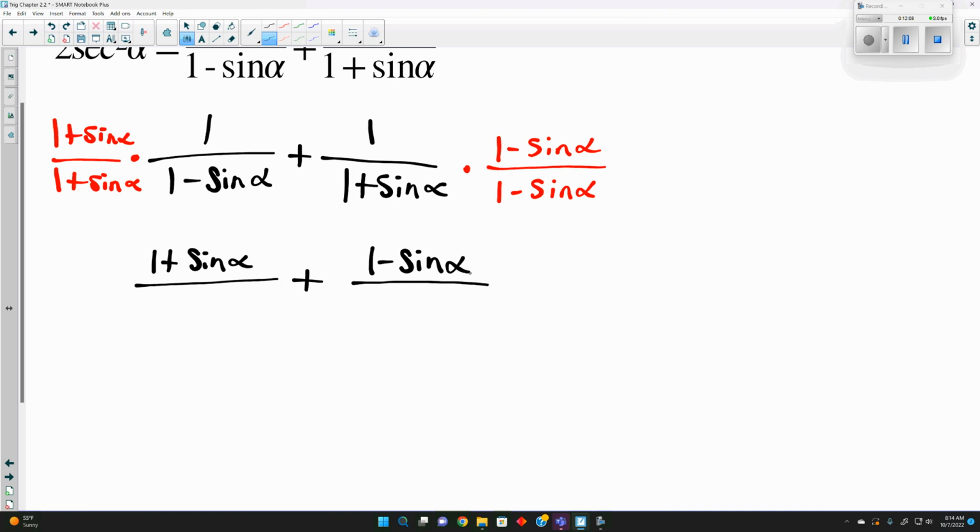If the numbers are the same, the only difference is the signs. And we like those, especially with factoring, yes? Difference of perfect squares. It works going the other way. Because these here are a difference of perfect squares, yes? So that means we're going to get 1 minus sine squared of alpha. If you notice that they are pretty much the factors for the difference of perfect squares, it will be the first term squared minus the second term squared.